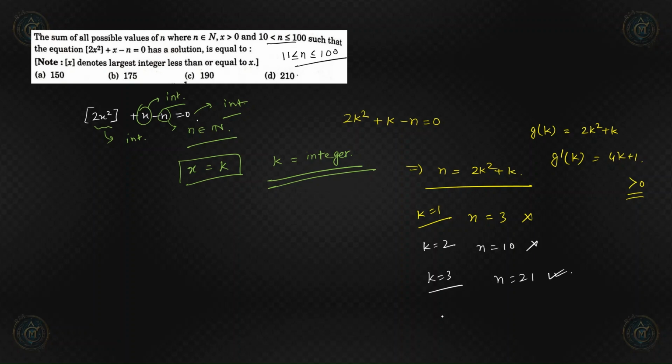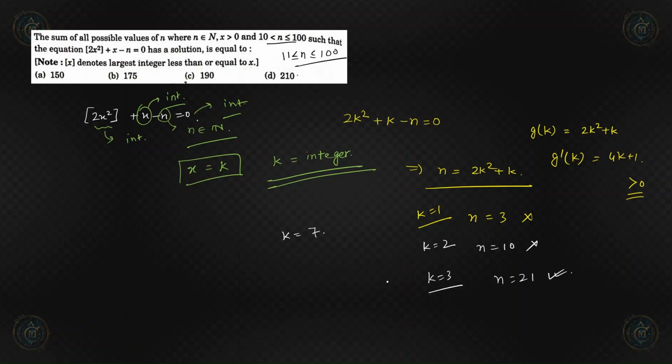Then if we try to check, n must be less than or equal to 100, right? What is the maximum value we can put here in place of k? Maybe we can try k equal to 5. So this becomes 25 times 2, so 50 plus 5, that is 55. Acceptable. So let us check k equal to 8 also. 8 square becomes 64, so 64 times 2 gives us 128, that is already greater than 100, so we cannot take this value.